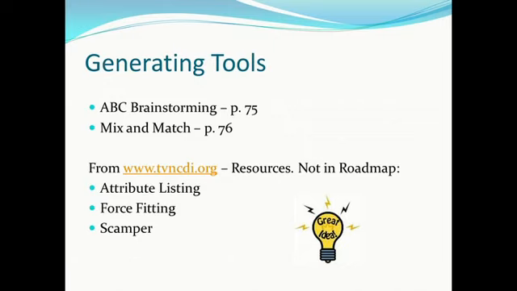From our website, there are additional generating tools that can be found on the resources page that are not in the roadmap. Those are attribute listing, force fitting, and SCAMPER. These are all generating tools that can be used for the teams to take what might be considered boring, humdrum ideas and make them more creative.